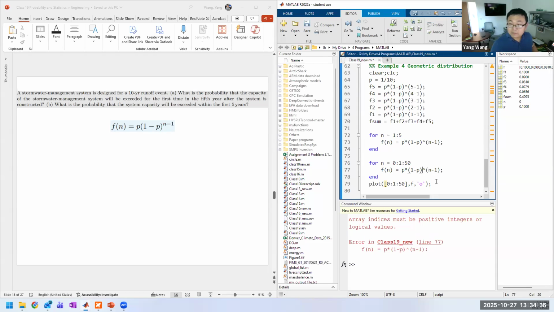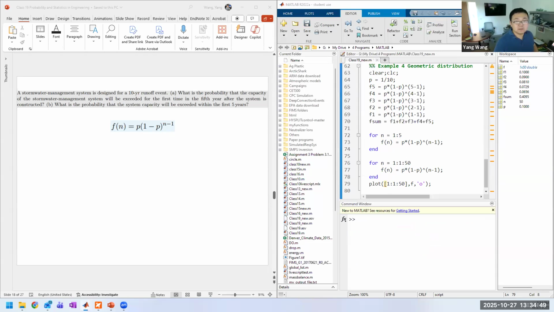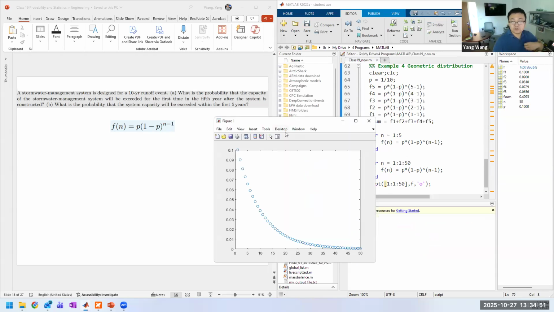Okay, it starts from 1, because the system has to run for 1 year to know whether it fails or succeeds. So this is how the geometric distribution looks like.